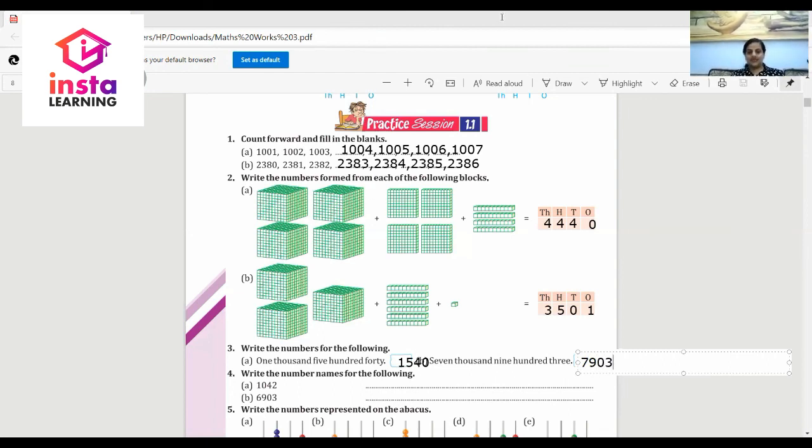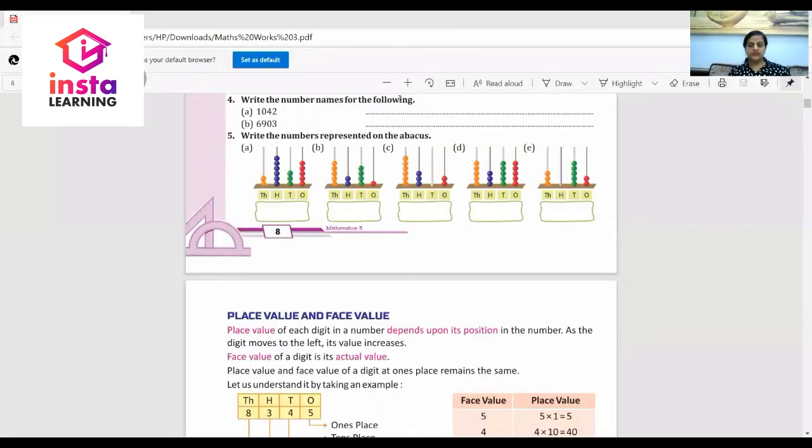Yes. Now we will write the spelling also. It is called number name also. So let's see how to write it. Yes, students. Now we will write the number name for 1042. So see this, how to write here. We'll start from here. First we will write the spelling of 1. Okay. 1.